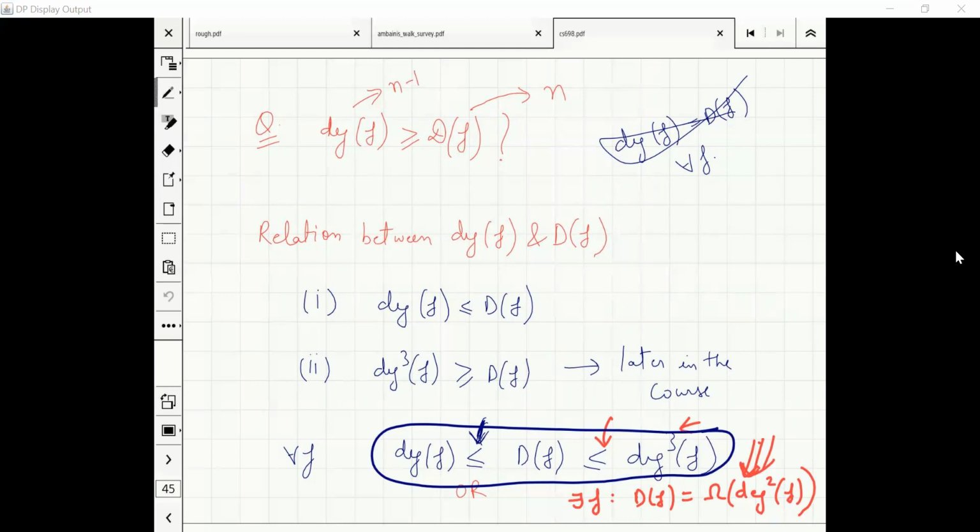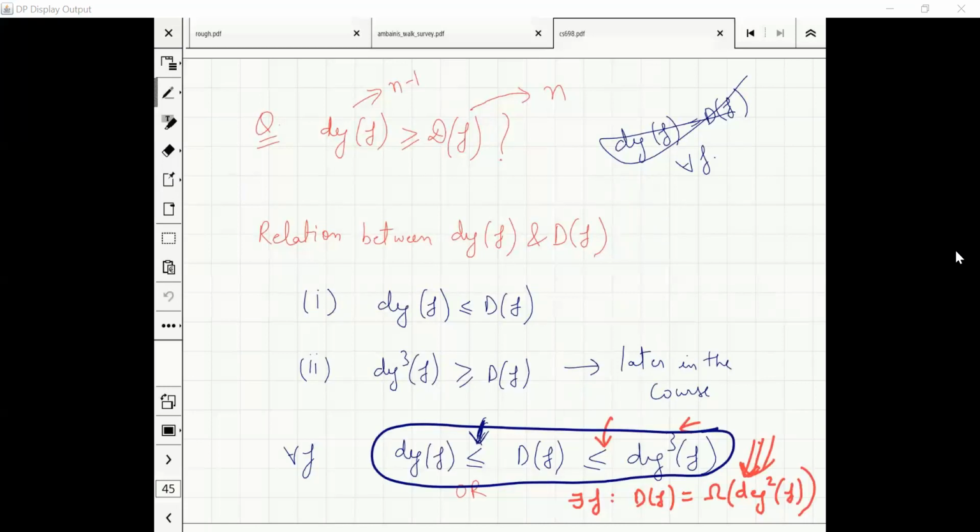And we gave relations. We realized that D(f) is more than degree, but the upper bound only comes with degree squared. That's the best we know. It could potentially be improved to degree squared, or there might be functions for which D(f) is as big as degree cubed. We don't know yet. It's an open problem. You solve it, you can write a paper.